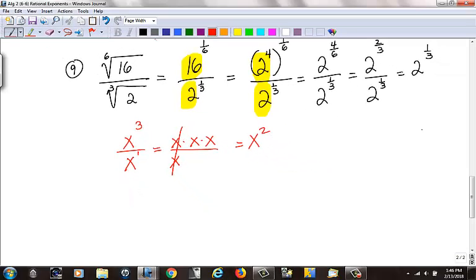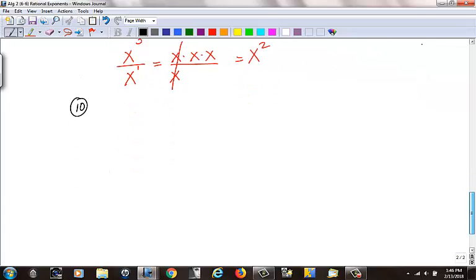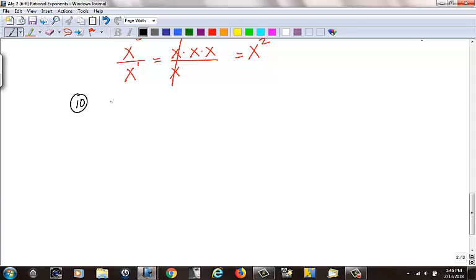Okay, another example. Say we have the 4th root of 32 divided by the cube root of 2. Another thing that you may want to write down: you're in exponential form.